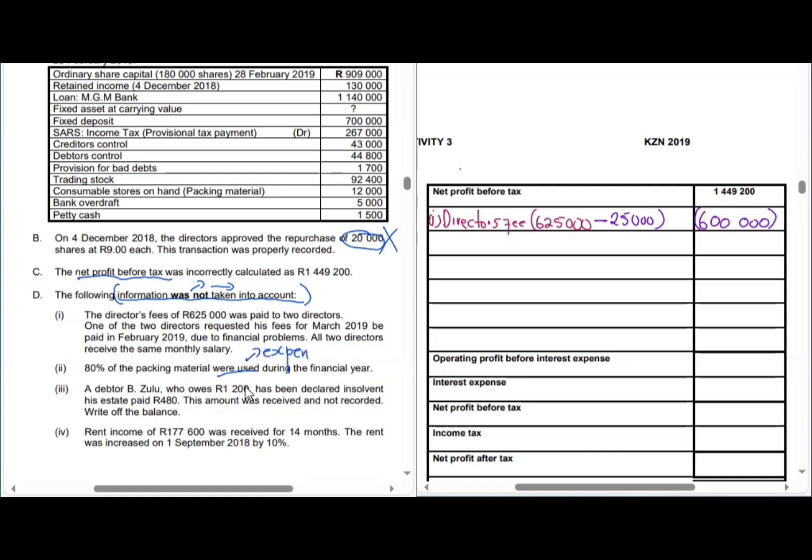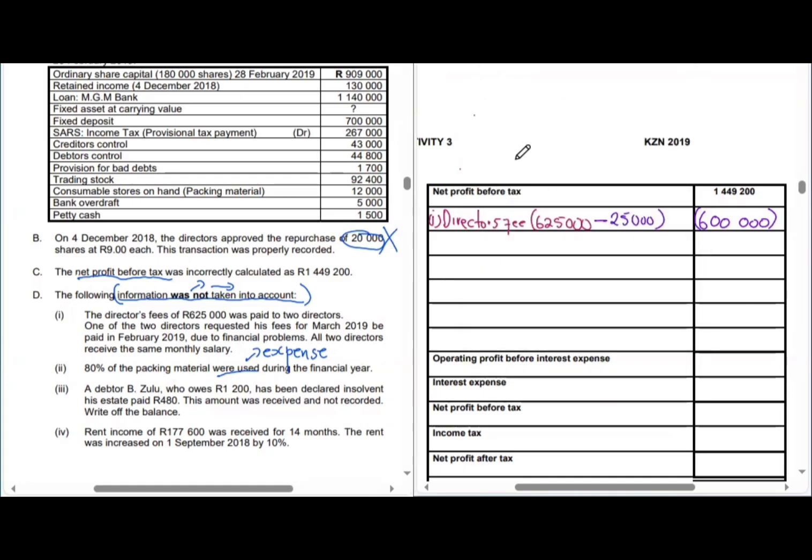But if we did not use any packing material during the year, we call that consumable stores on hand, so it will be converted into an asset. But whenever we start using our packing material during the year, they become expenses. And then guys, we have our packing material. So let's go to our answer sheet and record.